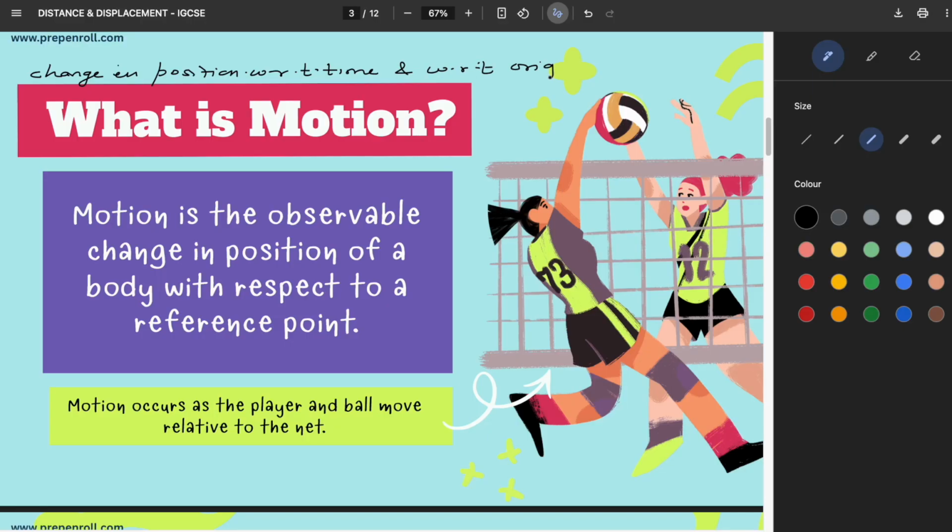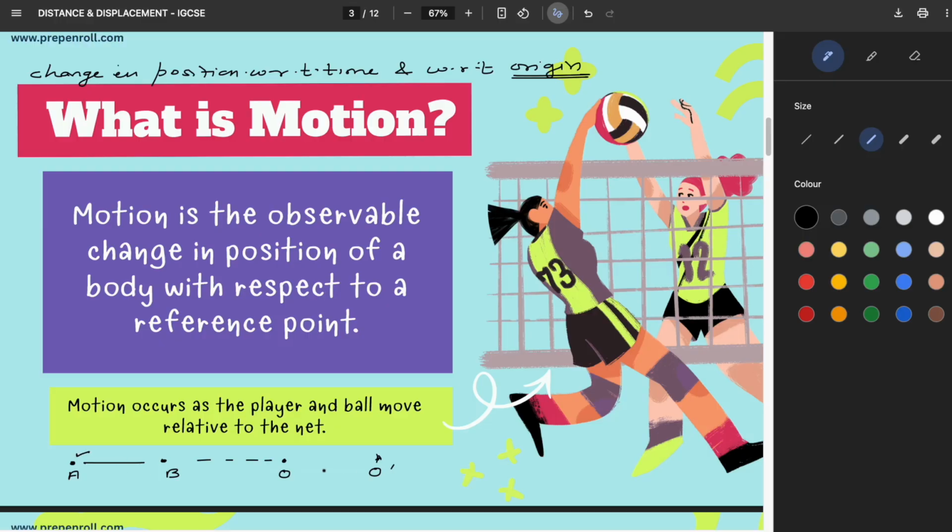When I say origin, I am referring to a reference point with respect to which you will be measuring the distance or displacement. For example, suppose I am at point A and then I move to point B, and someone is watching from point O and point O dash. With respect to O, I am closer, and with respect to O dash, I am pretty far away.